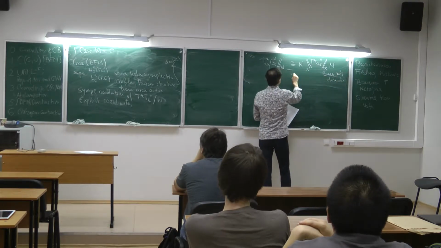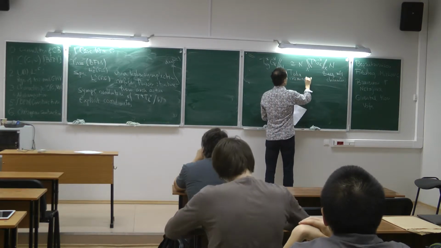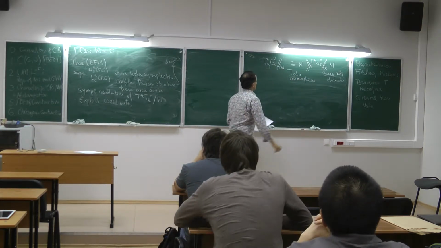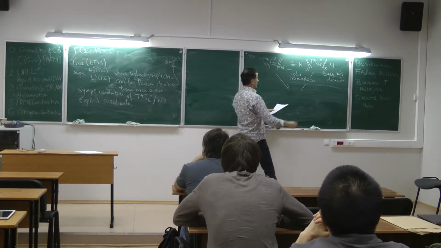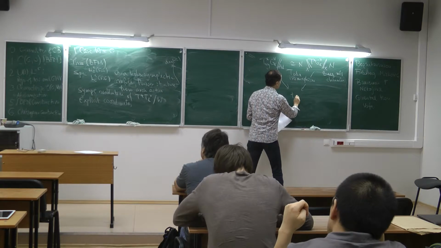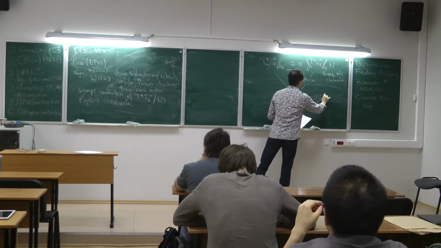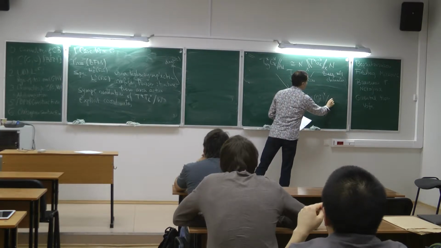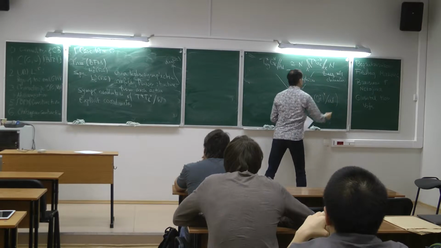So I call this a Toda isomorphism. This is compatible with the obvious map by invariant polynomials to T mod W. This is what G C dual star over ad, I guess.